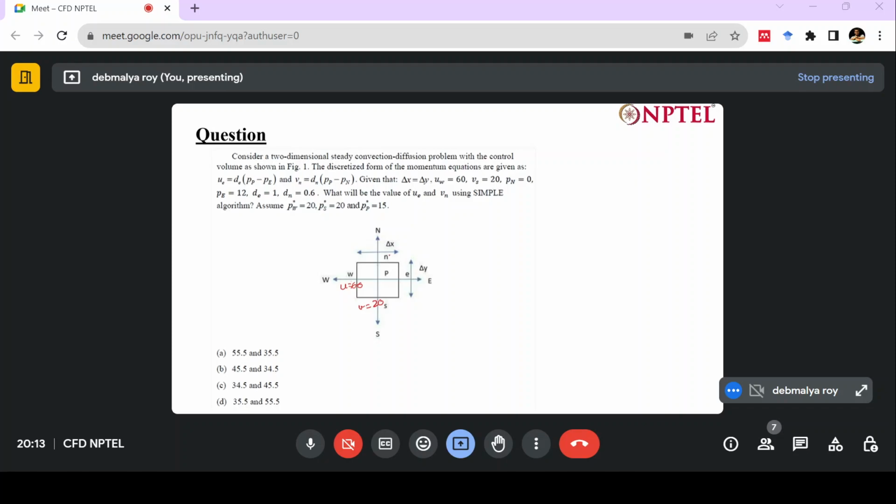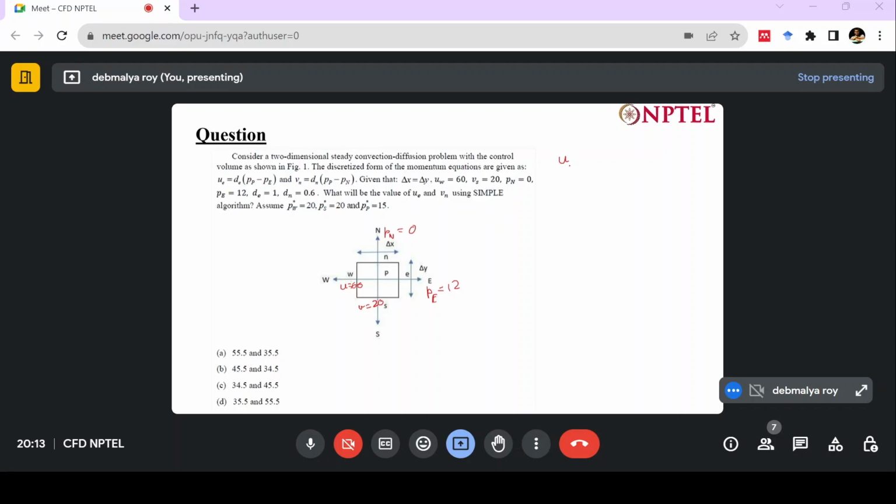PN is 0. PE is given as 12. DN and DE are given, which are given as equations as well.